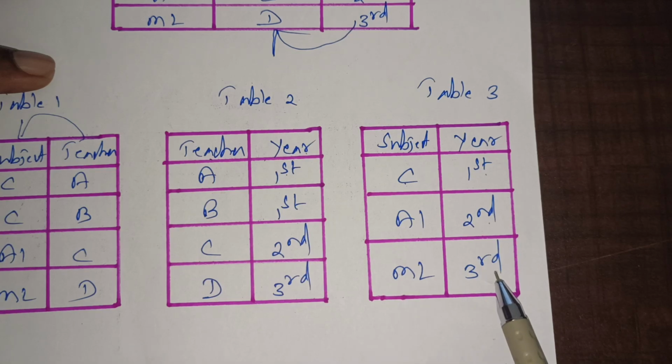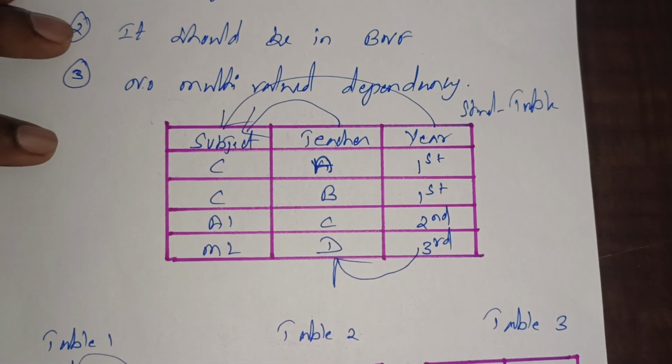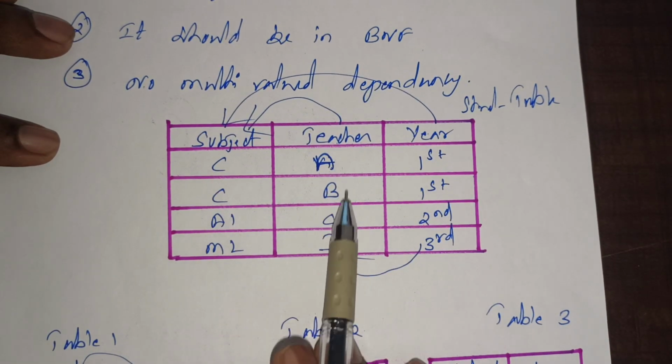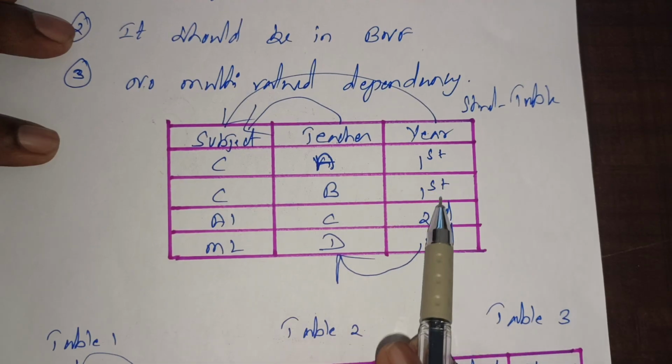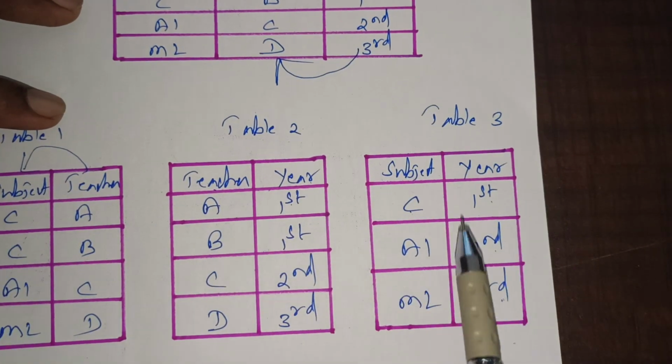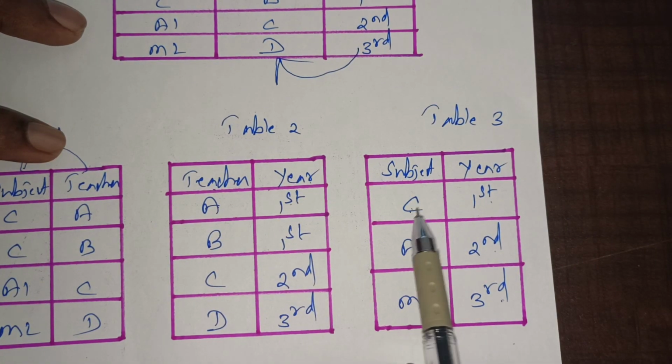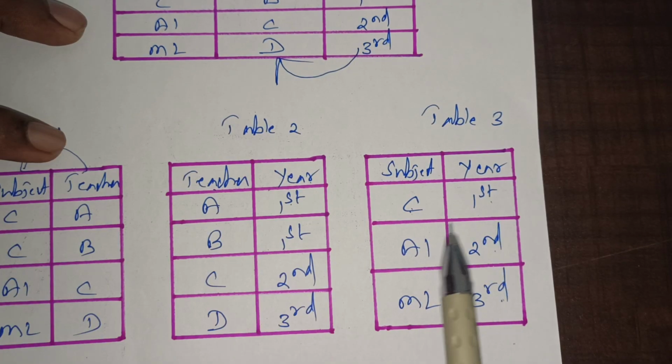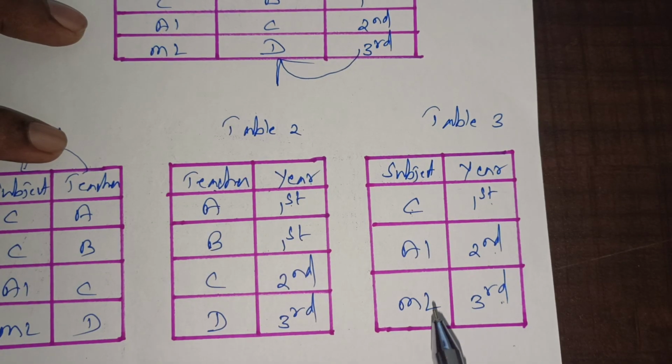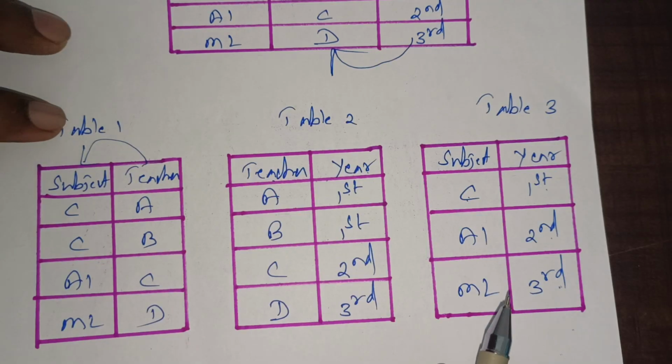Only this part we are going to lose, only the teacher, because you can check here that C has been taken by 2 different teachers for the same year, but here the subject is not lost, but the teacher is lost. Now we have the join dependency here.